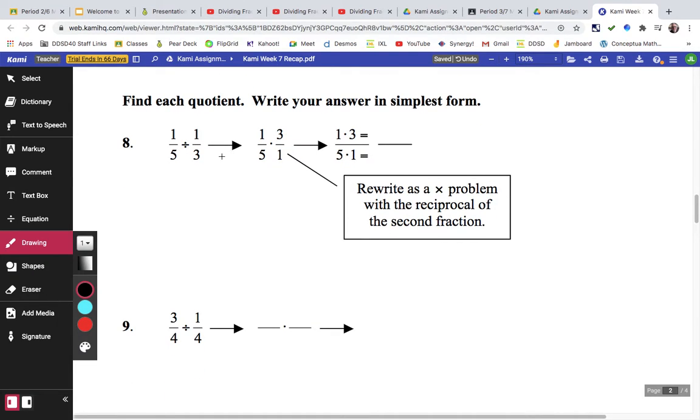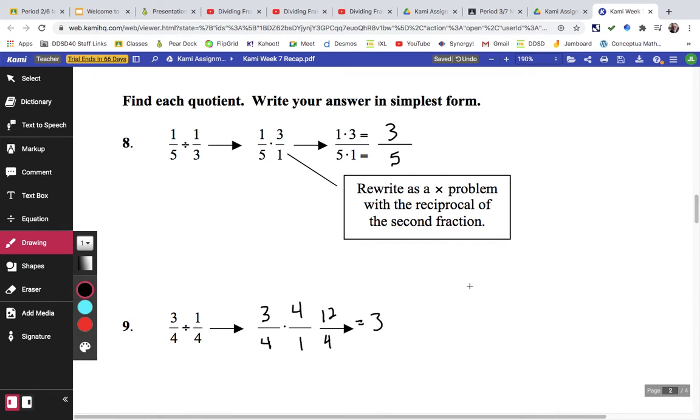So 1/5 divided by 1/3 is 3/5. 3/4 divided by 1/4 is 3/4 times the reciprocal of 1/4, which is 4/1. So that's equal to 12/4, which is equal to 3.